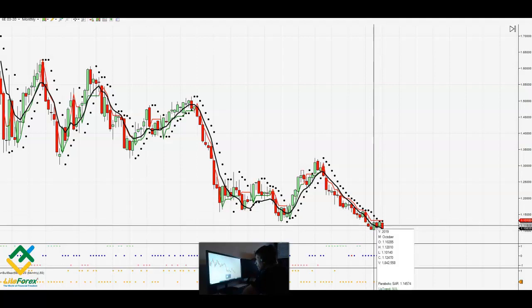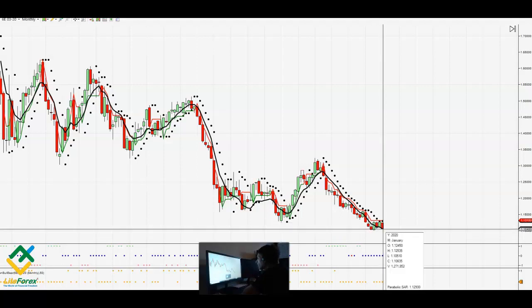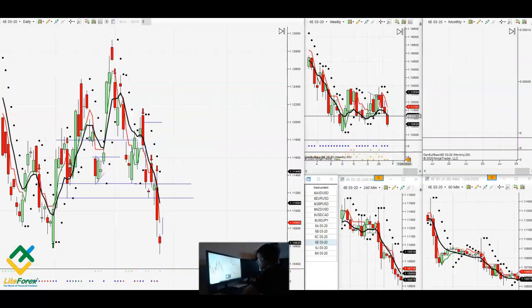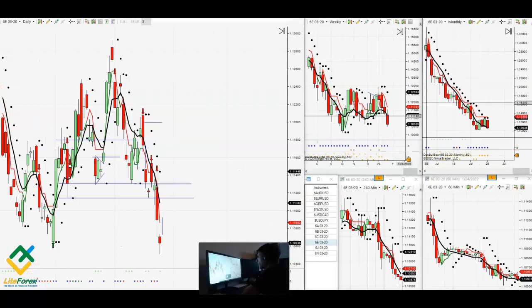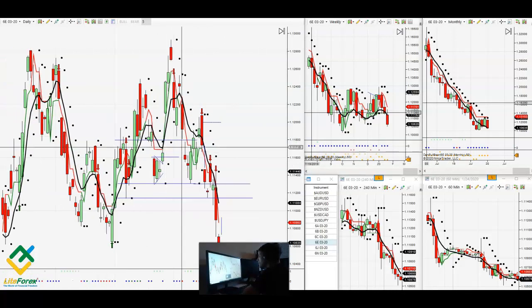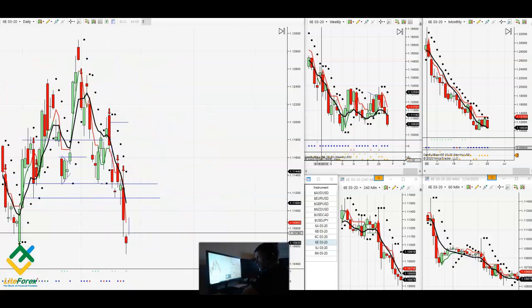We're up for the month of October, down for the month of November, up for December, and here we are dropping for January. So that's very choppy. Obviously, this being a monthly chart, there's still moves to be had when you're trading intraday or even just off a daily chart. But overall, we're very sideways on the euro.